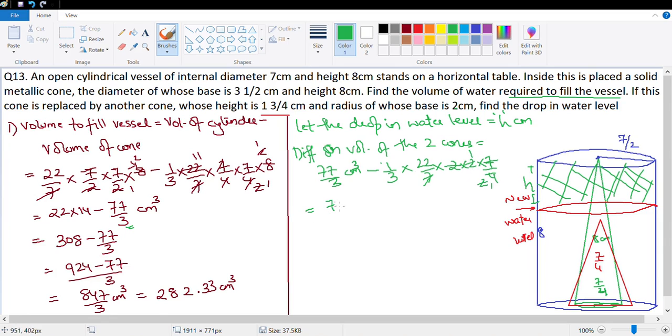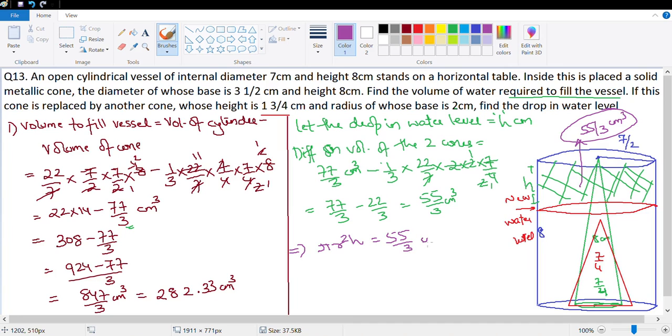So 77 by 3 minus 22 upon 3, which is equal to 55 upon 3 centimeter cube. So basically, the volume of this part is 55 upon 3 centimeter cube. So the volume of this mini cylinder is 55 upon 3 centimeter cube, which means pi r square small h is equal to 55 upon 3 centimeter cube.